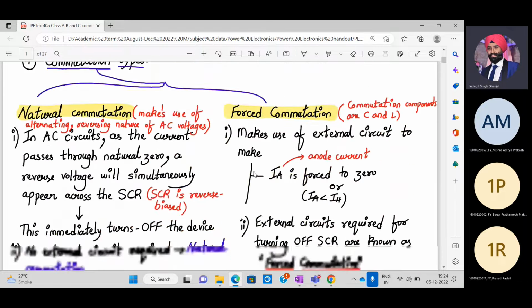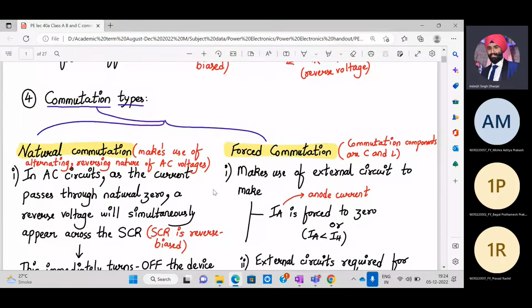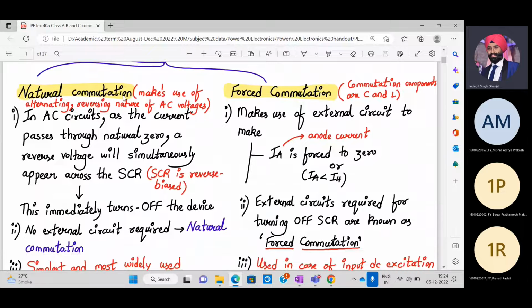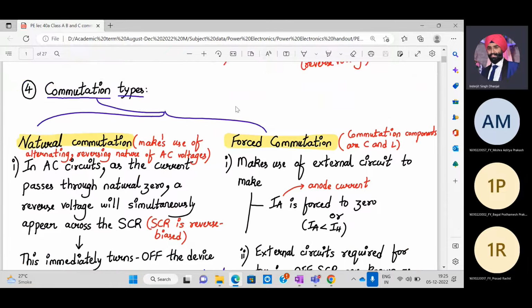Okay, fine. Now this is also very, very important. What are the two commutation types? First is natural commutation, and then we have forced commutation. Natural commutation makes use of the alternating, reversing nature of AC voltages. In case of AC voltages, you have a positive cycle and then you have a negative cycle.